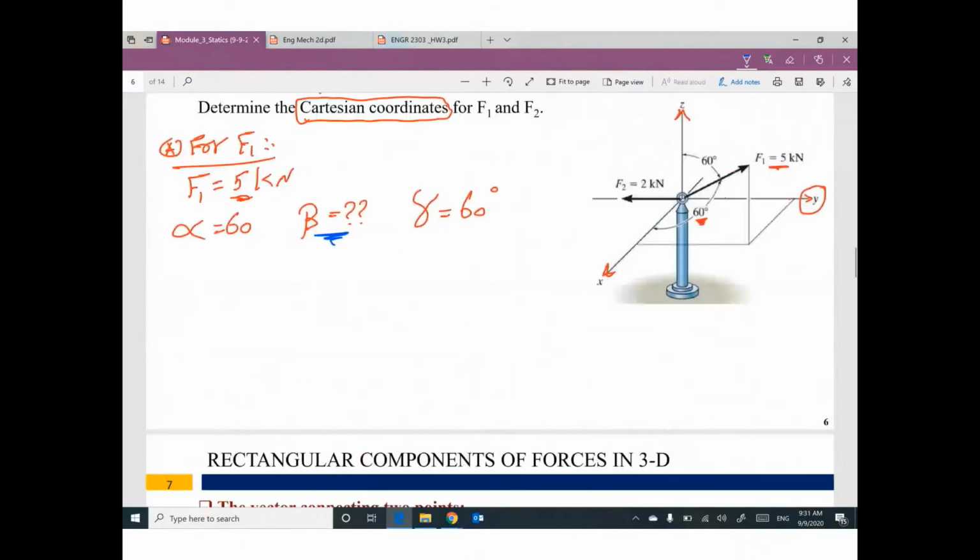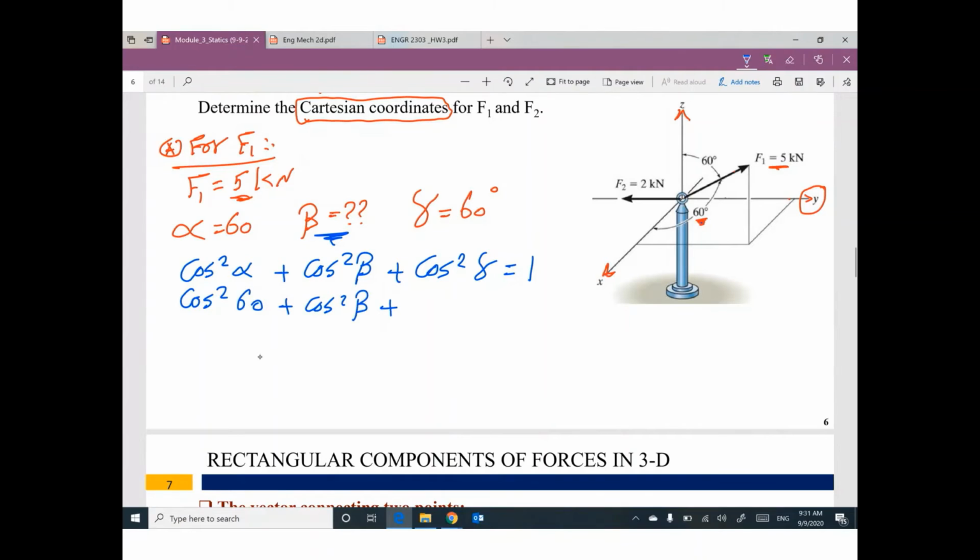Cosine square alpha plus cosine square beta plus cosine square gamma equal 1. So cosine square 60 plus cosine square beta plus cosine square gamma equal 1. So I can figure out the value of cosine square beta.